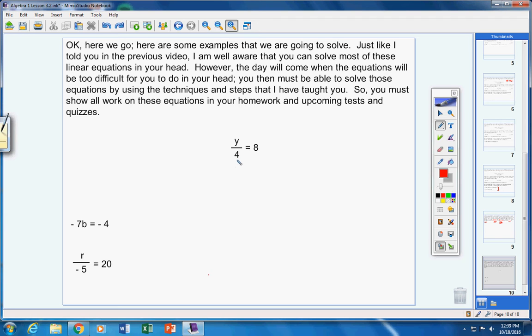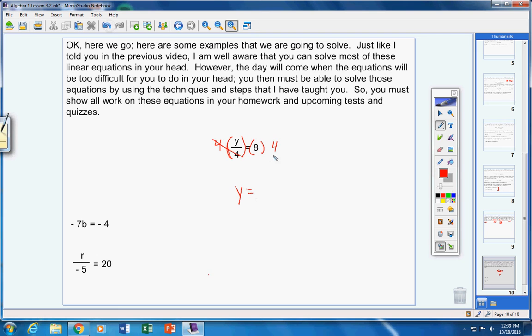What's the opposite of divide? Multiply. So I'm going to multiply this side by what? 4. And I'm going to multiply this side by what? 4. There we go. When you multiply y over 4 times 4, the 4's cancel, leaving you with y.